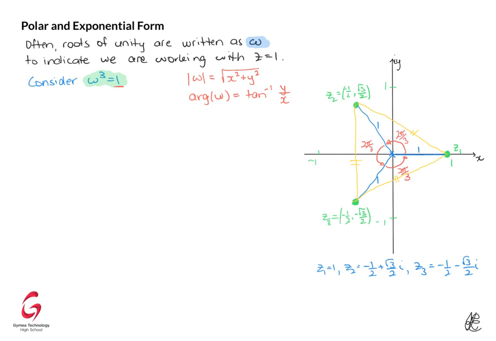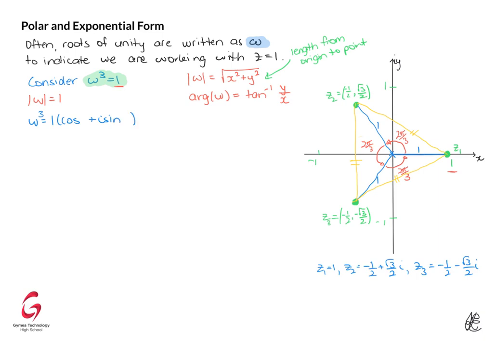So we know that we need a modulus of omega, which is the length from the origin out to the point, or the complex number, on the Argand diagram. And we can see that that distance, that length we spoke about earlier, is equal to 1. So we've got that r value that needs to sit out the front of our cos and i sine values.